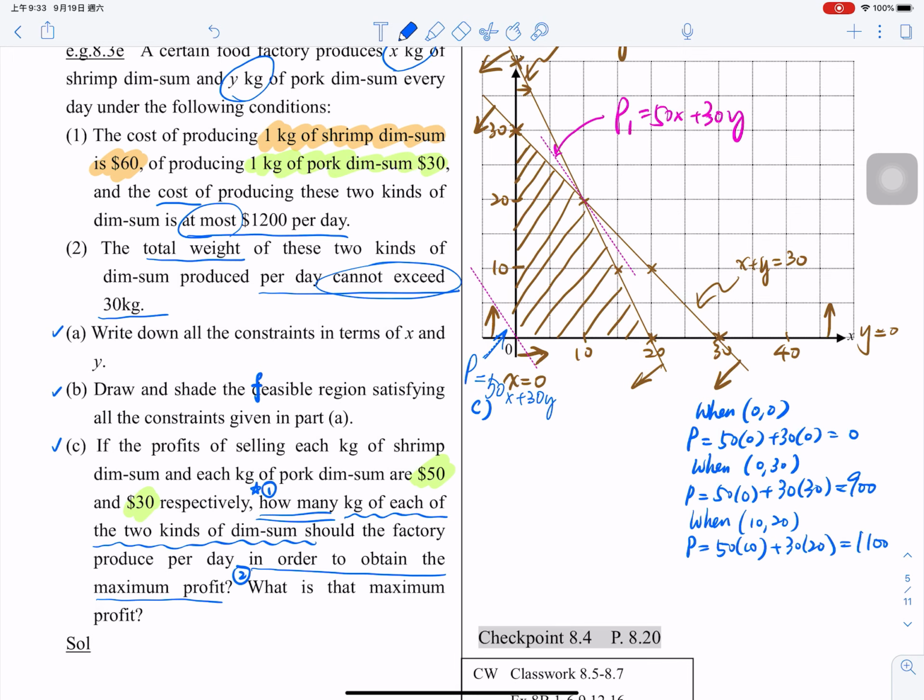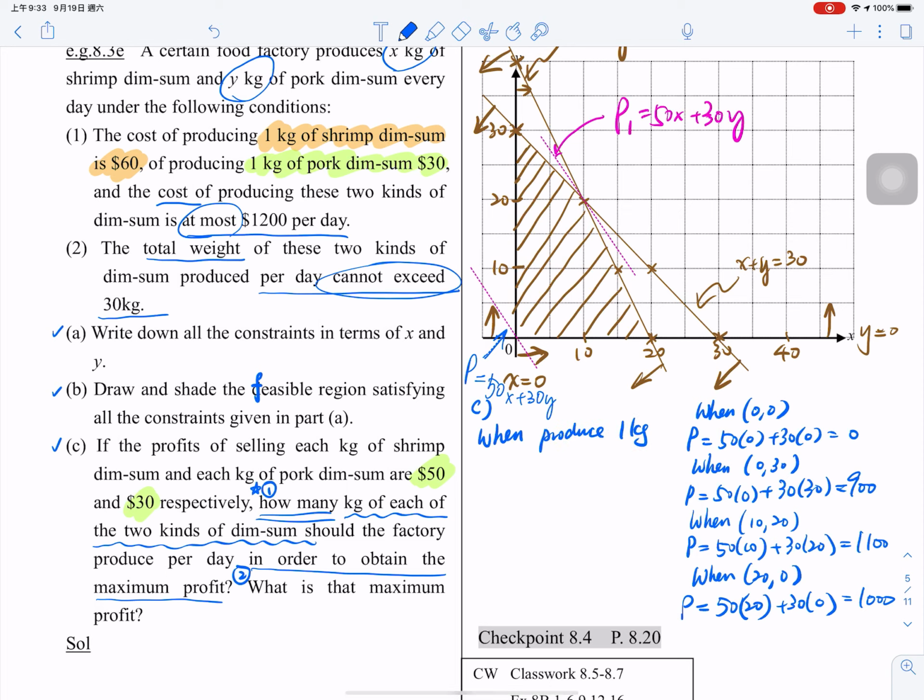So 1,100. Next, and the last point here, which lies at 20, 0, what is P? So P equals 50 times 20 plus 30 times 0, right? And you found that this one is 1,000.